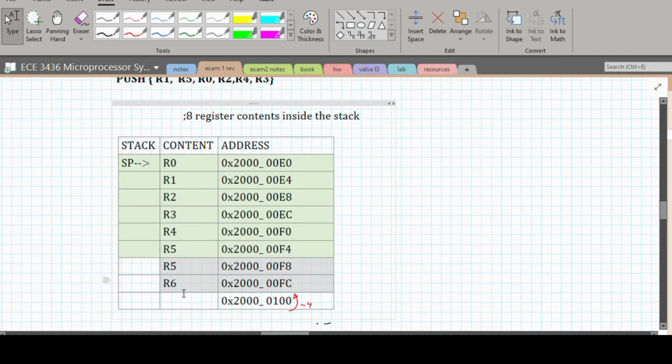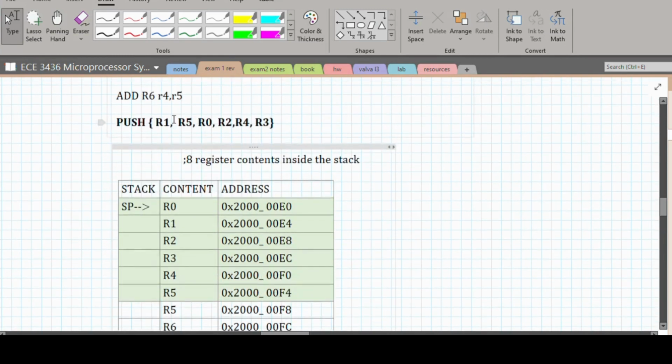So the order is not gonna be updated. Like, imagine if there was an R2 and you had the R5 here. This R5 would not replace the location of that R2.